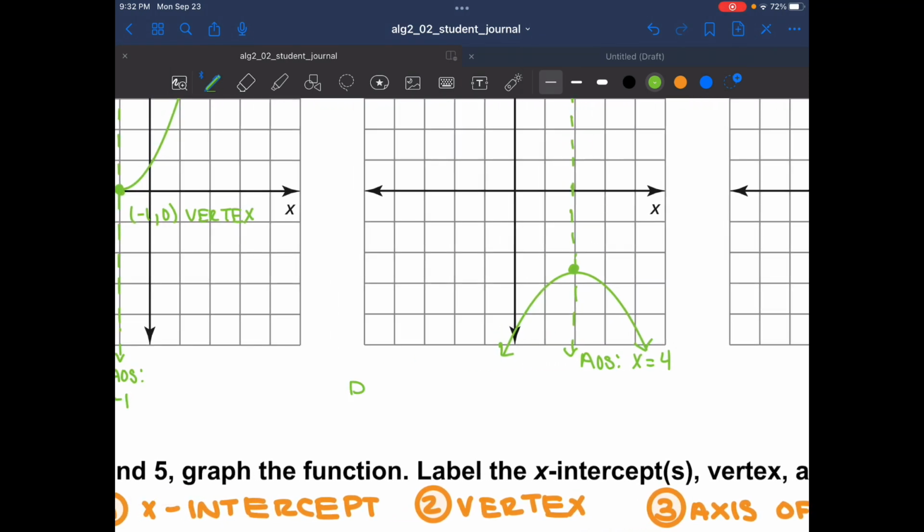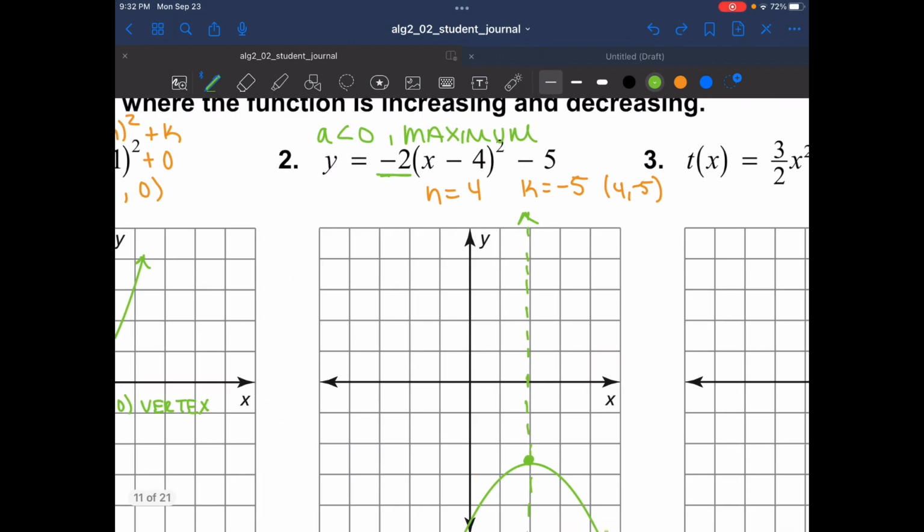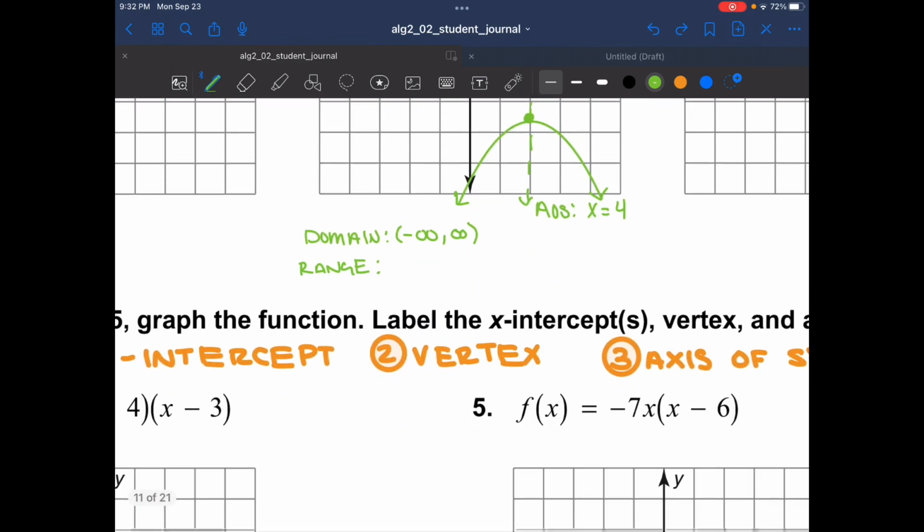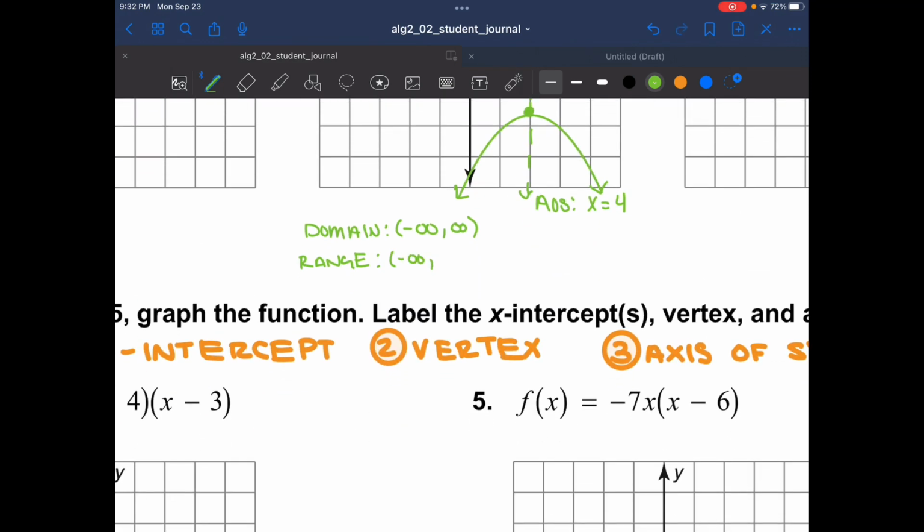Awesome. Okay, so we have our domain. Remember, it's all real numbers, so negative infinity to positive infinity. My range, I can choose anything on the bottom here, all the way until I get up to -5. So we're going to go from negative infinity to -5. We're going to have our increasing, right?